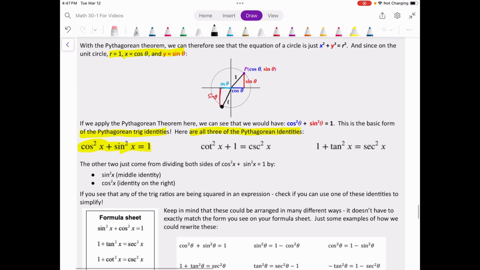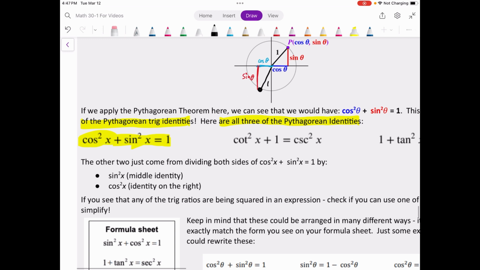Okay, so just to prove that to you really quickly here, notice this one. Where does it come from? I'm claiming that it just comes from dividing both sides by sine squared of x. Well, look, if I took cos squared over sine squared x, and I divide both sides by sine squared, that equals 1 over sine squared.